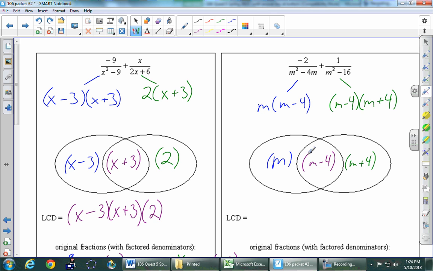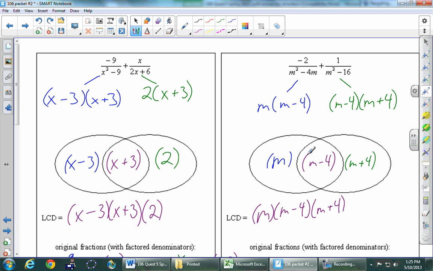LCD. All that. Just multiply straight across. Should we distribute that?